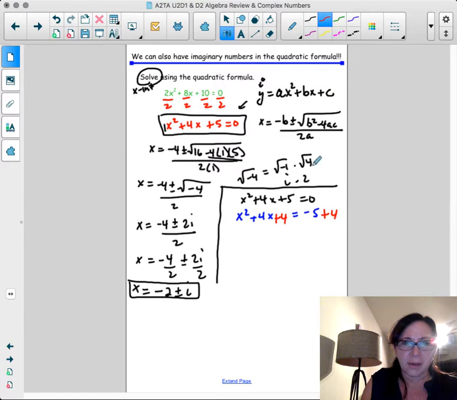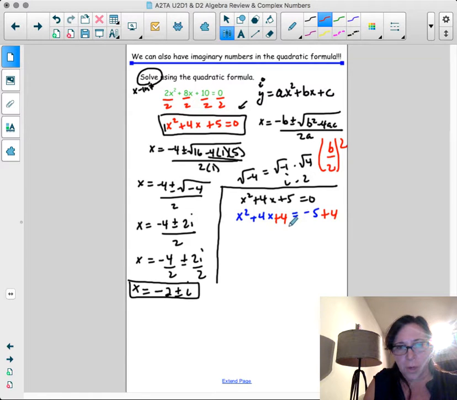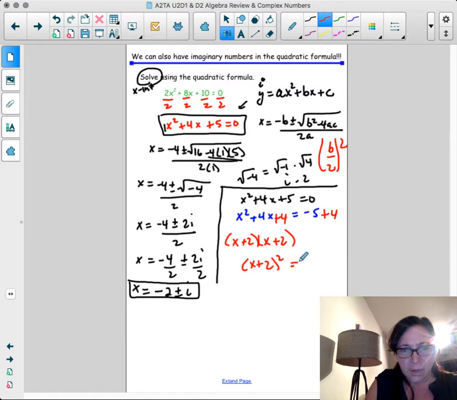Again, what I did was I took the b term and divided it by 2, and then I squared it, and then I add that to both sides. This is going to factor to be x plus 2 times x plus 2, which becomes x plus 2 quantity squared, and that equals negative 1.